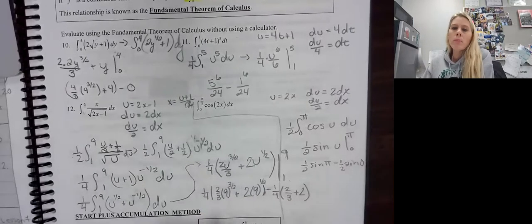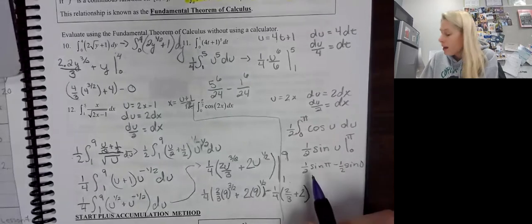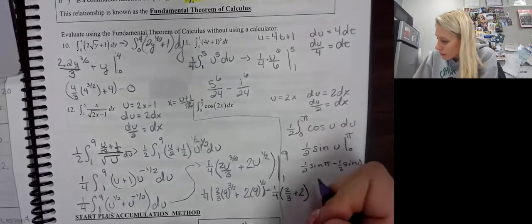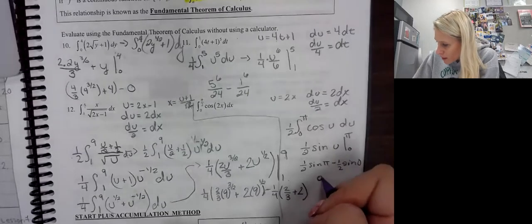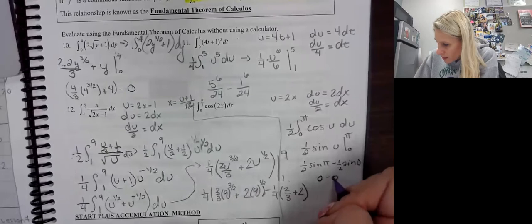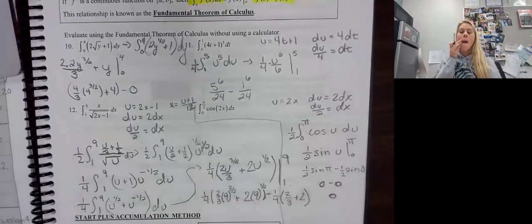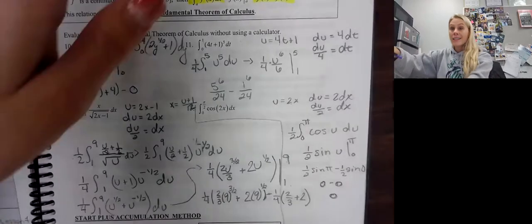Now, of course, we could break this down. This is a little bit easier to do in our head, because sine of pi is 0. 0 times 1/2 is 0. Minus, well, sine of 0 is 0. So the area under the curve is 0. Yes, this is a lot to get used to, I know.